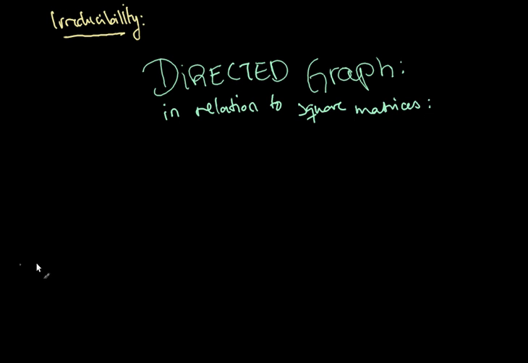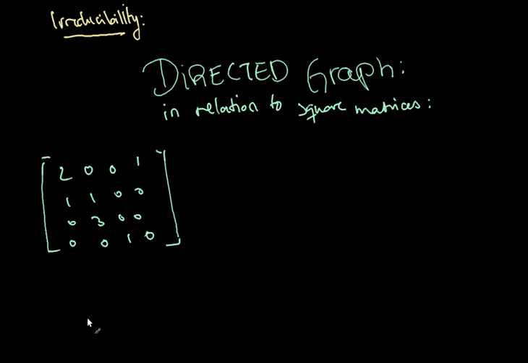So we start out with a matrix that's 4 times 4. Just take the matrix that's in the book: 2, 0, 0, 1, 1, 1, 0, 0, 0, 3, 0, 0, 0, 0, 1, 0. And then we make a number of points.